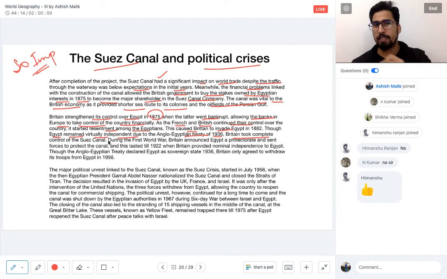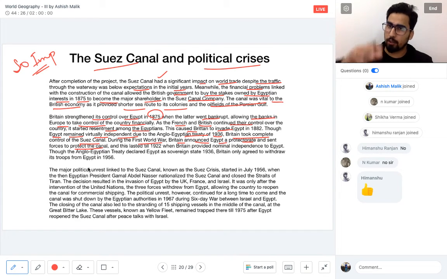Britain took complete control of the Suez Canal, and during the First World War, Britain announced Egypt as a protectorate and sent forces to protect the canal. The Suez Canal had to be protected because everyone knew that if you want to choke the UK, you have to destroy the Suez Canal.